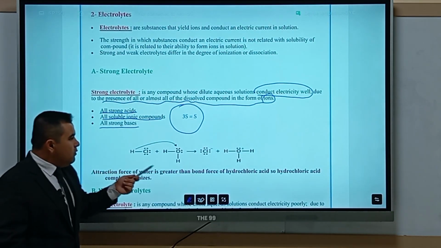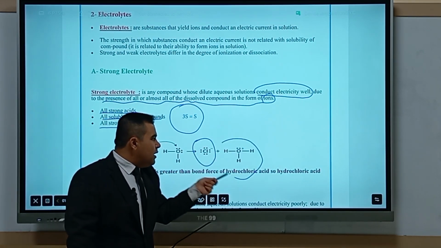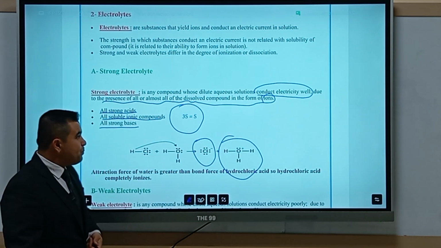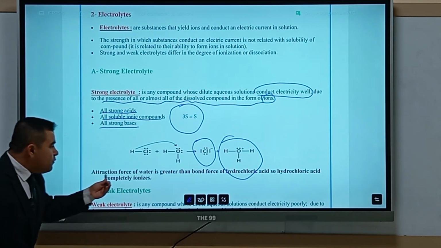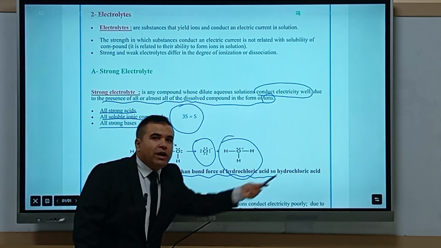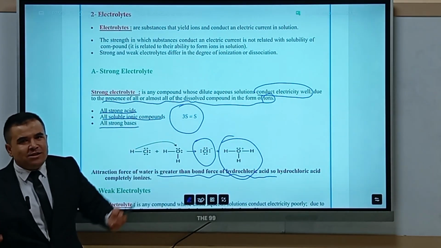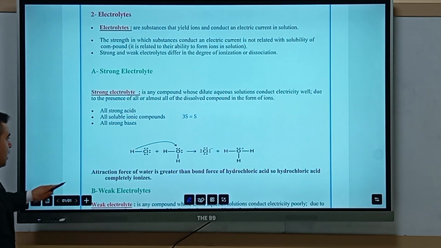For example, HCl completely ionizes to form Cl and hydronium. The attraction force of water is greater than the bond force in hydrochloric acid, so the hydrochloric acid completely ionizes and forms ions in the solution.